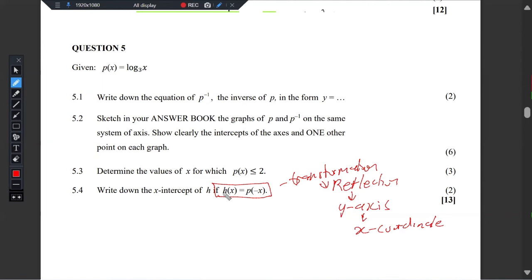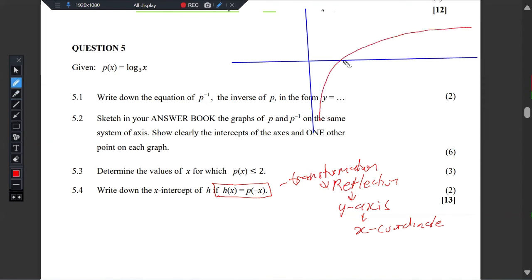So what would be the x-intercept of h now? Remember the x-intercept originally, so we would see it in terms of our graph. Understand that our graph for p was like this. And then we had our intercept at 1.